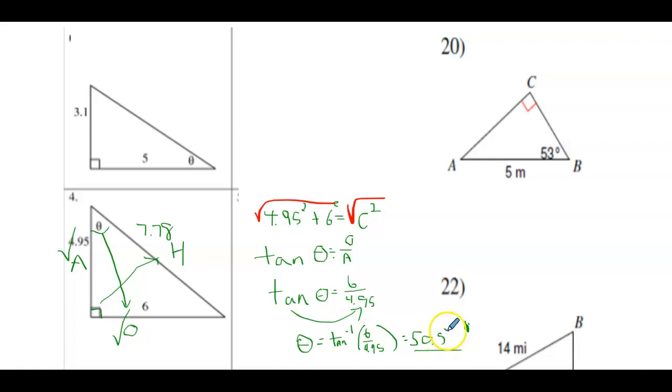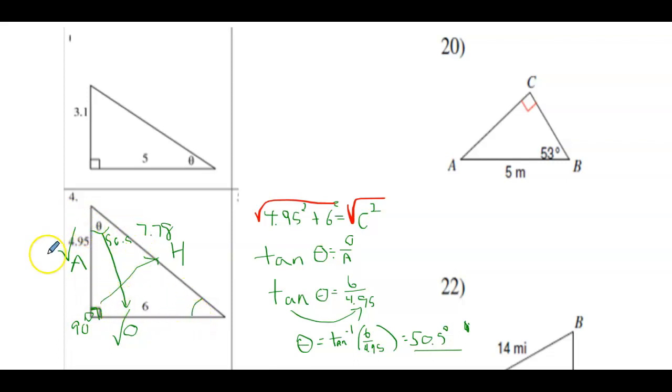One thing I failed to mention last time, you can kind of get a feel for if your angle is correct. So the way that triangles work, the biggest side, which is always the hypotenuse, is across from the biggest angle. So this angle, again, that it's across from is 90 degrees. The next biggest side, which in this case would be 6, should be across from the next biggest angle. So this is 50.5 up here. And then the smallest side, which is the 4.95, is across from the smallest angle.